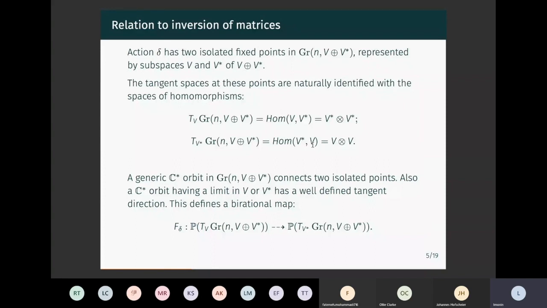So this defines a birational map from the projectivization of the tangent space at V to the Grassmannian to the tangent space at V dual. How does this map work? We take a generic C star orbit, and we look at the two tangent directions at one isolated fixed point and at the other, and we get this correspondence between tangent directions, and this turns out to define a birational map.